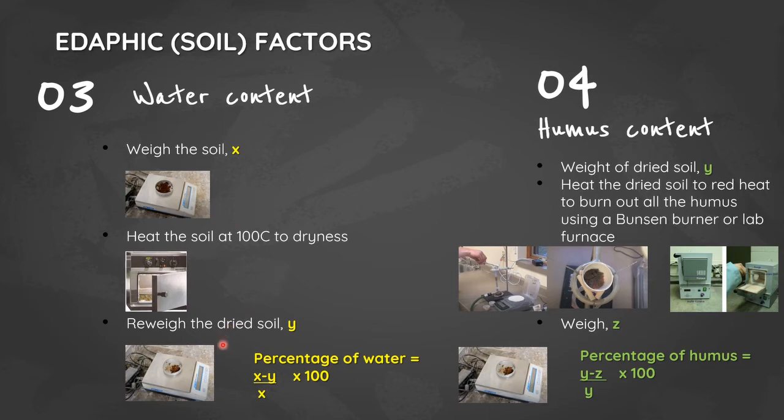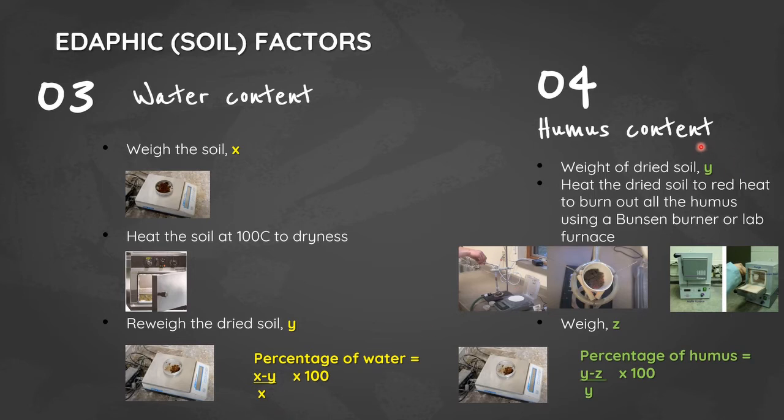We reweigh the dried soil and we call this new weight Y. We find the difference between X and Y and we put this all over X. The difference between X and Y actually represents the weight of the water that was evaporated through drying. But we want to find this weight as a percentage of the weight of the soil before we dried it, so we can know what percentage of water was in the soil.